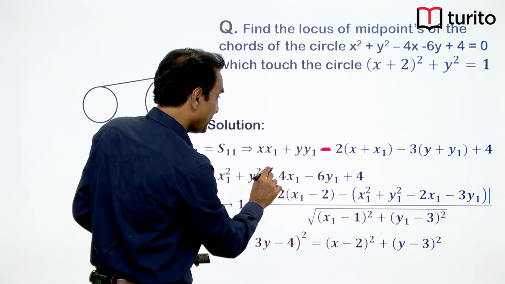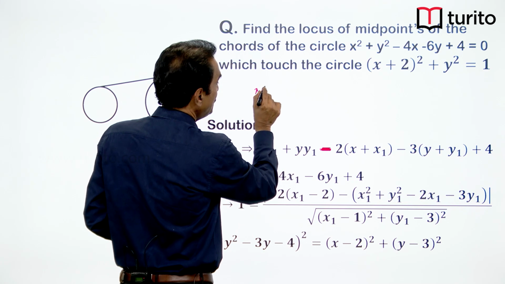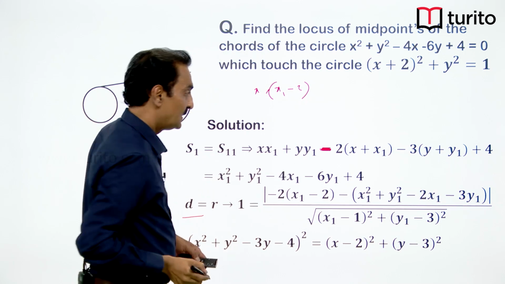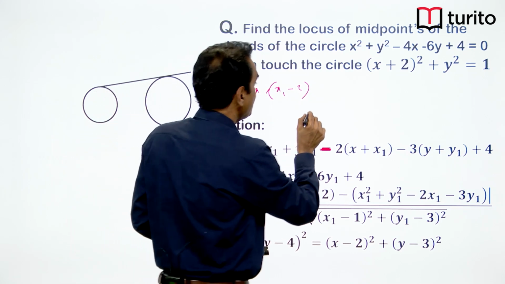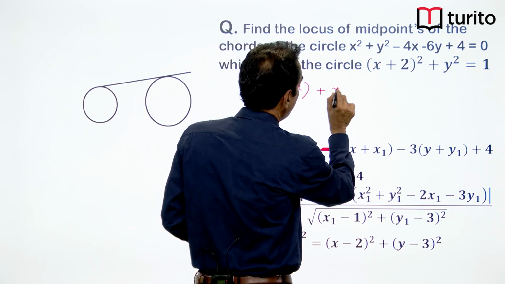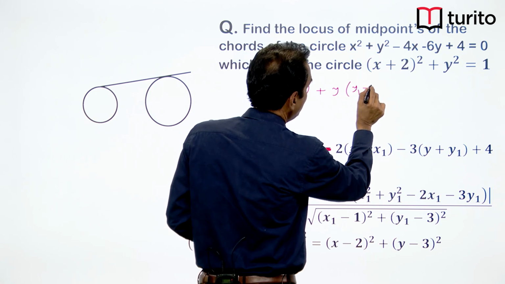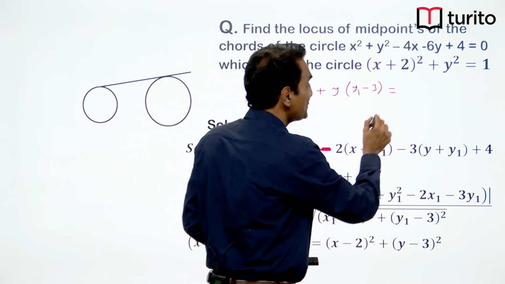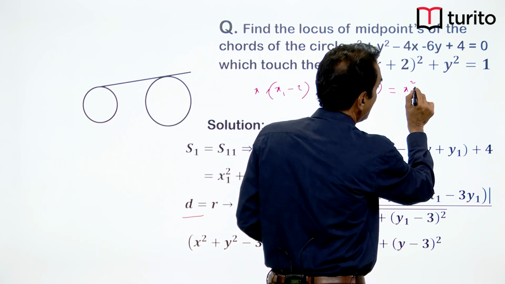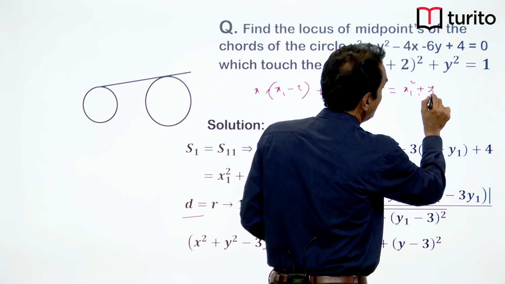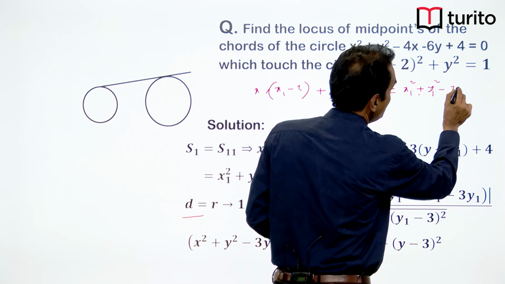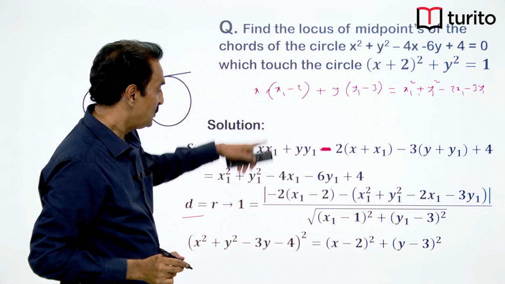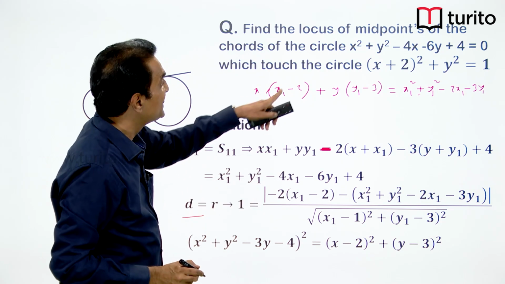Here, if you simplify this, you will get x into x1 minus 2, plus y into y1 minus 3 is equal to x1 square plus y1 square minus 2x1 minus 3y1. Now, apply d is equal to r, perpendicular distance from the center.